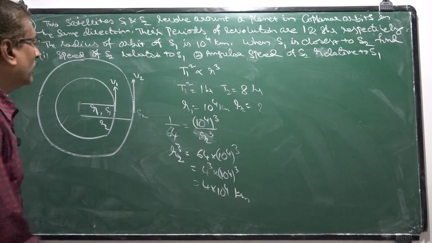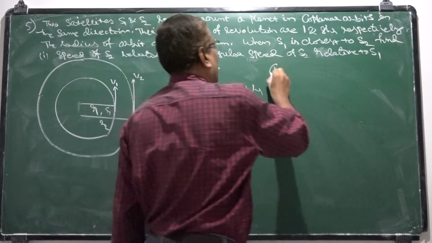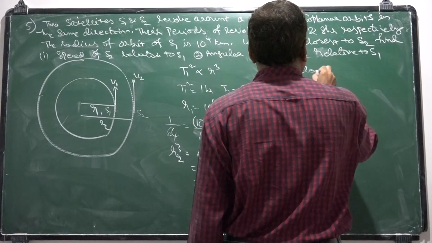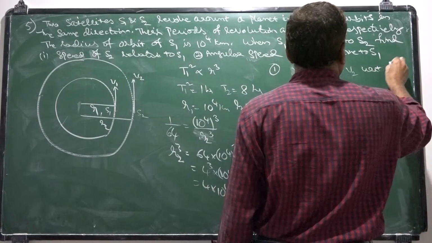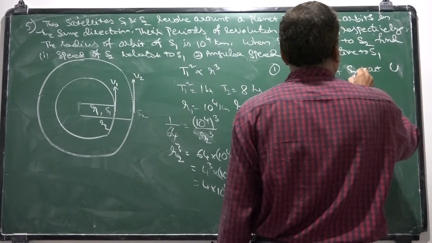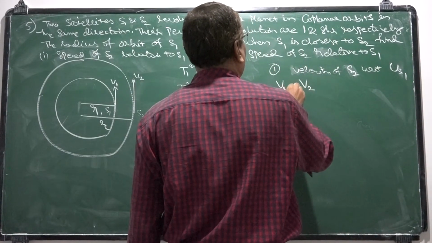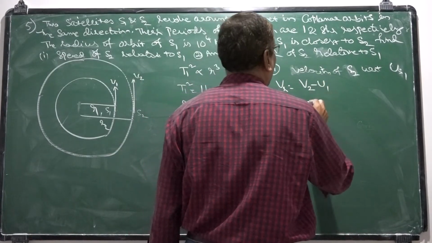Now, when they are in closest position, first the relative velocity, the linear velocity of S2 with respect to S1. Then V relative is equal to V2 minus V1. V can be written as R omega.